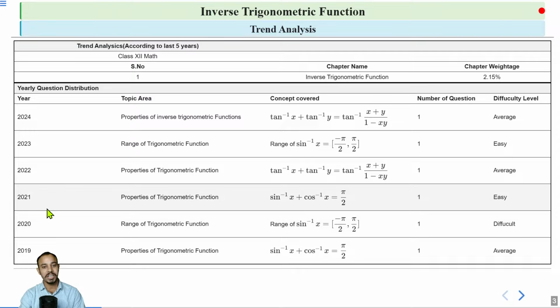Then you can see in 2021, 2020, and 2019, in each year one question was asked, based on properties of trigonometric functions, range of trigonometric functions, and properties of trigonometric functions. The difficulty level was easy, difficult, average. So from this chapter, questions were asked with difficulty levels easy, average, and difficult.